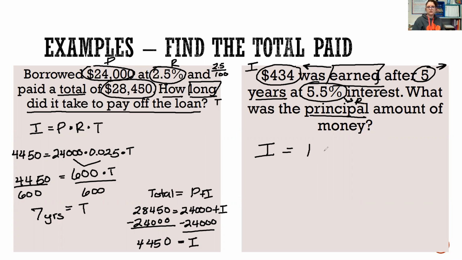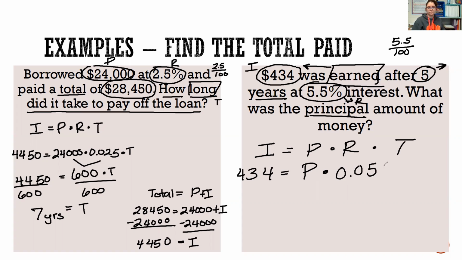I equals P times R times T. So I is 434. I'm looking for my principal. My rate is 5.5%. So 5.5 divided by 100 gives us 0.055.